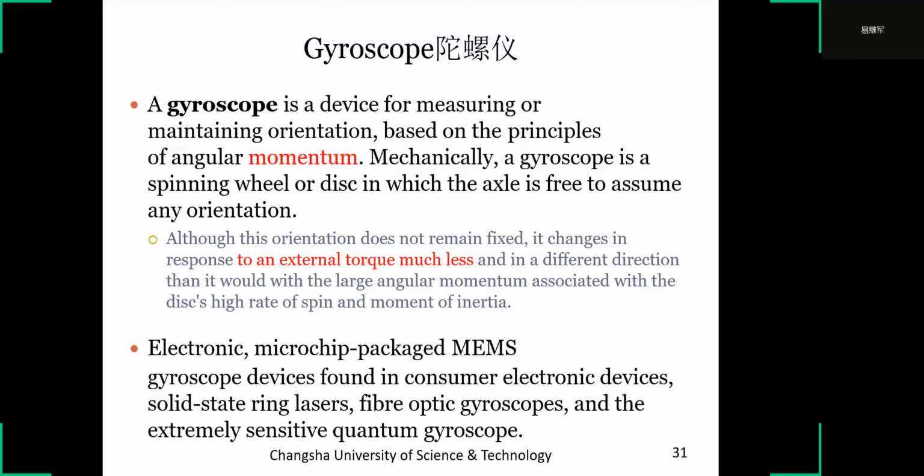Gyroscope. A gyroscope is a device for measuring or maintaining orientation, based on the principles of angular momentum.